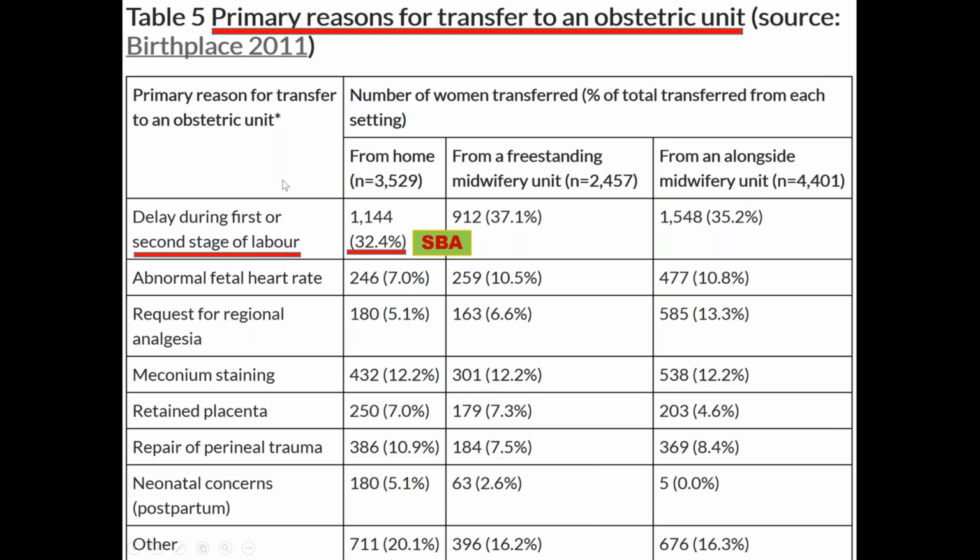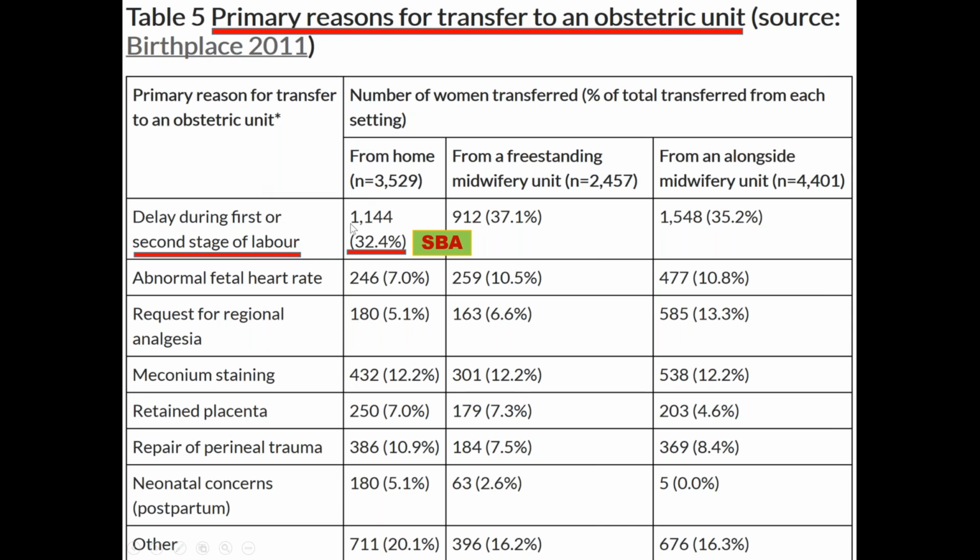What is the commonest cause for transferring the patient to the obstetric unit? It is definitely from the home, and the cause is delay during the first or second stage of labor. This is the recall question. Ask about the primary reason for transfer to the obstetric unit.